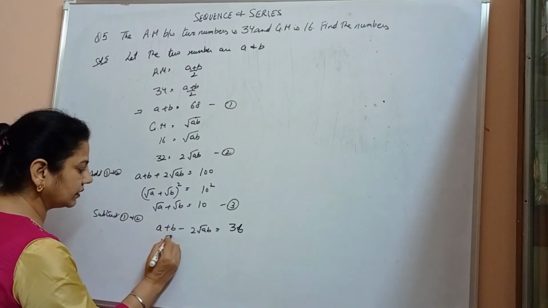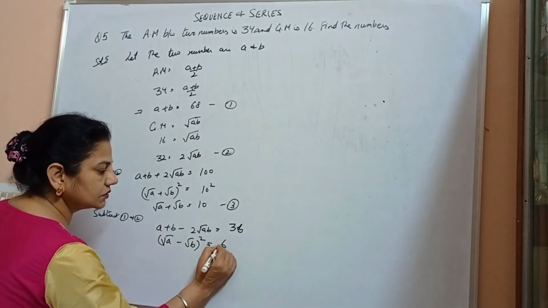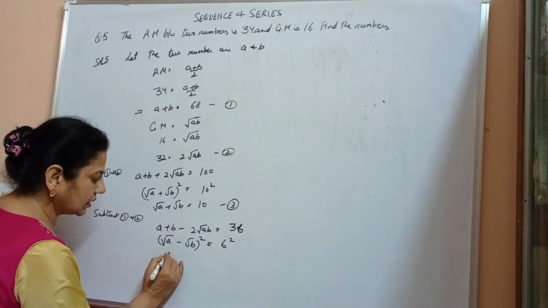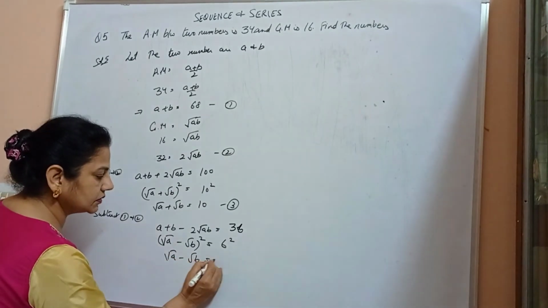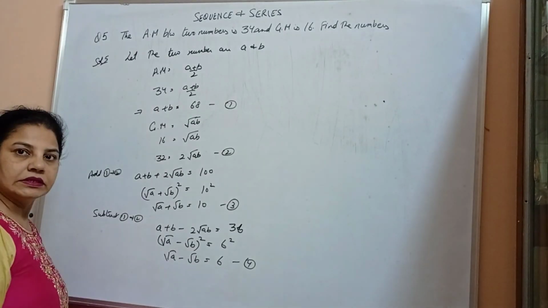So this is also given as (under root A minus under root B) whole square is equal to 6 square. Or you can say under root A minus under root B is equal to 6. This is my fourth equation. I will take the positive value of 6.